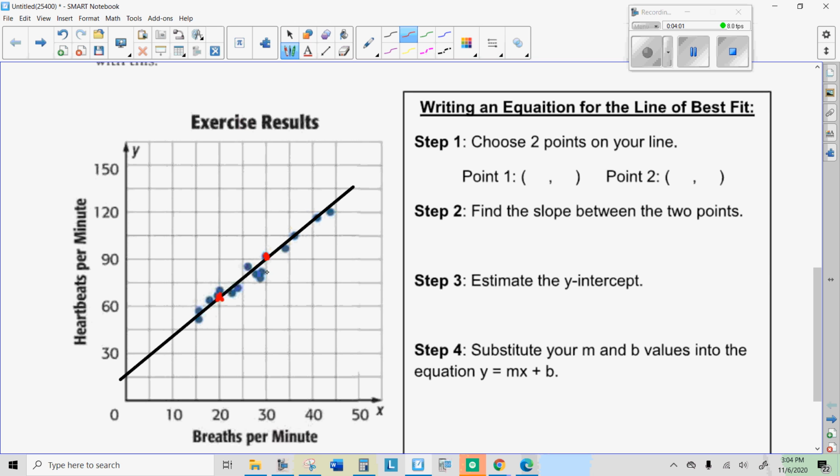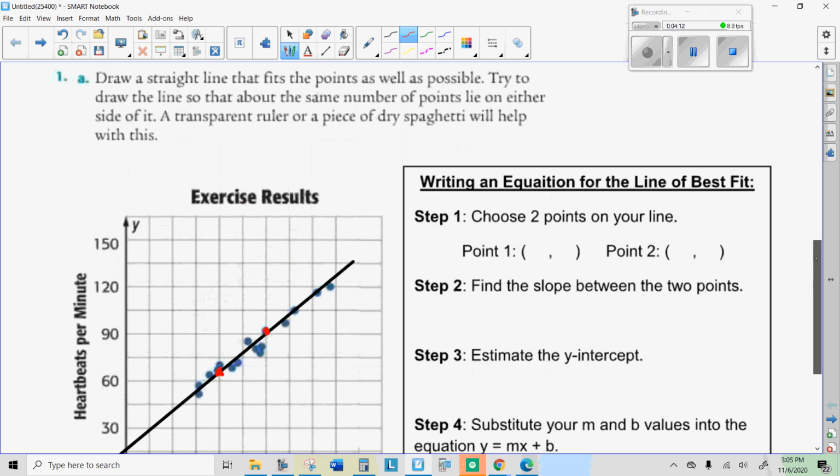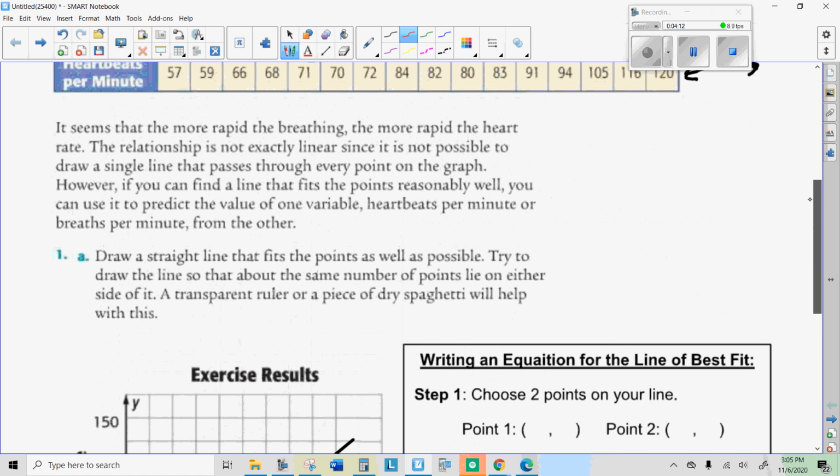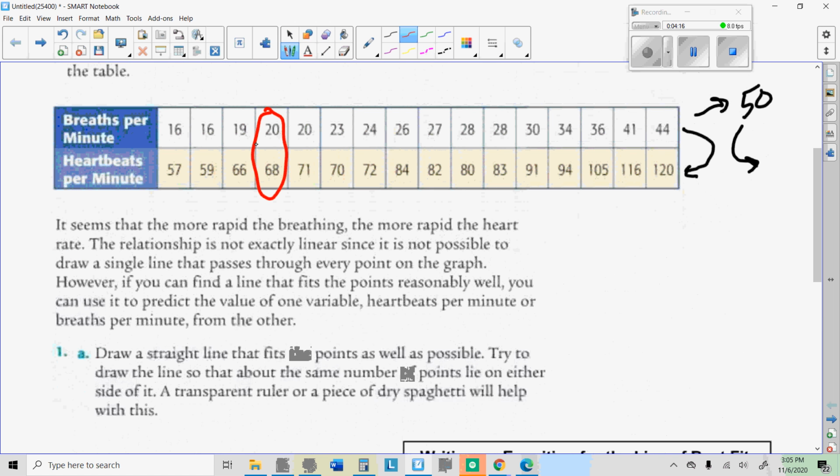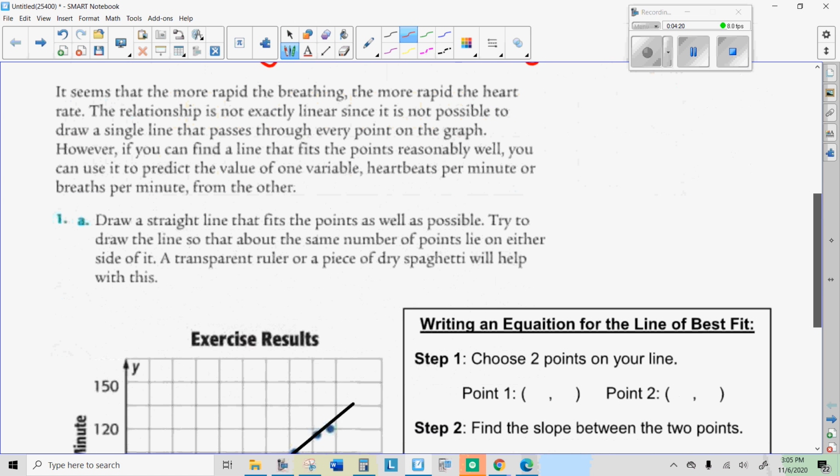Now I'm going to figure out what those dots are. One is at 20 breaths and the other is at 30 breaths. At 20 breaths it was the lower one of the two, and 68 and 91 are the 2 points I'm going to use.